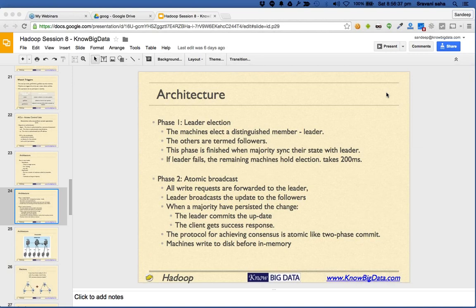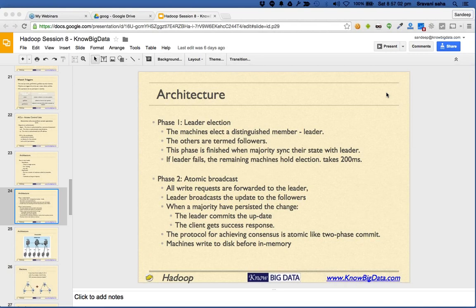If you take the case of Cassandra, MongoDB, and other systems, they all depend upon the same architecture, and this architecture is called the Paxos algorithm. All of these systems, be it MongoDB, be it CouchDB, share the same architecture. They have an ensemble of machines.